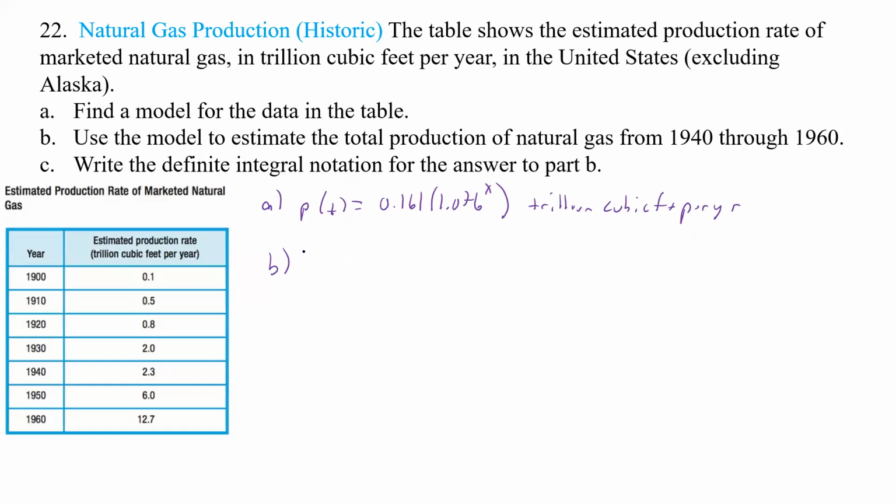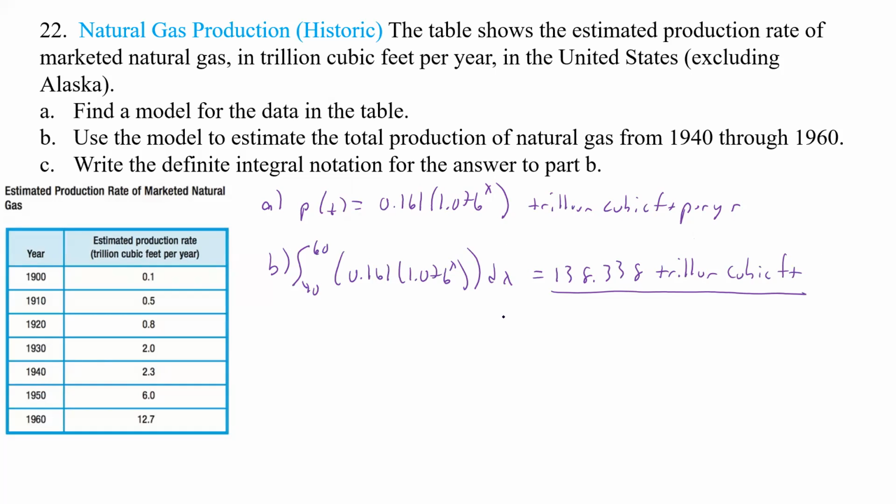So what we are doing is taking the integral from 1940 to 1960 of 0.161 times 1.076 to the x, dx, and that gave us 138.338. We drop off the per year, so that's trillion cubic feet. That's how much we have. Now we're supposed to write the definite integral notation. Well, we just did that up here.